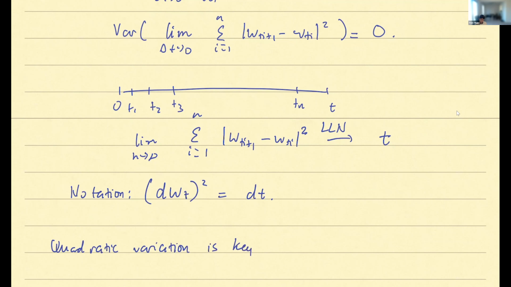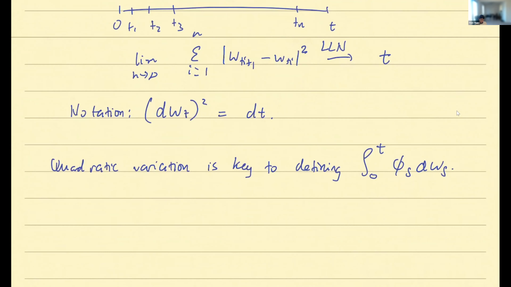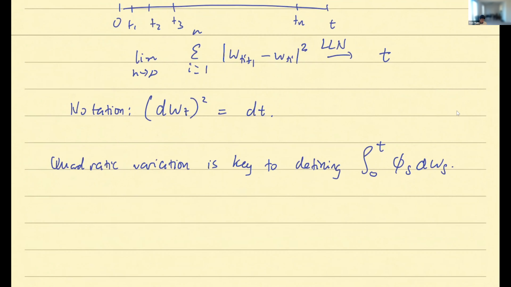It is key to defining the integral. How come? After all, the idea is we want to say that this is the limit as delta t goes to 0 of this sum.